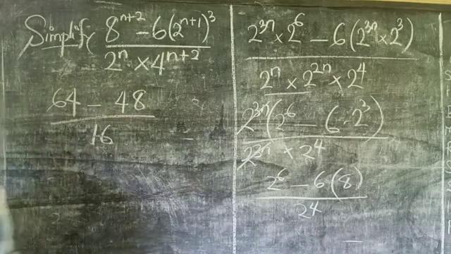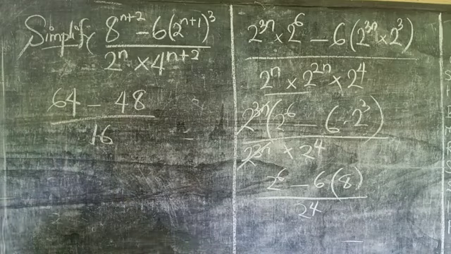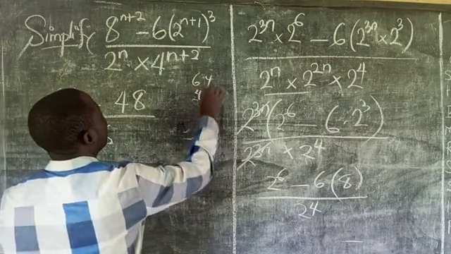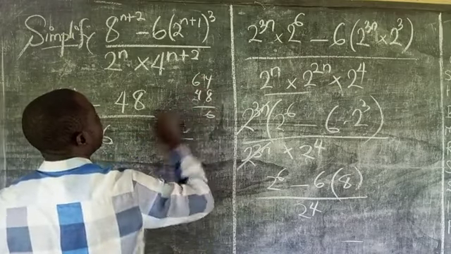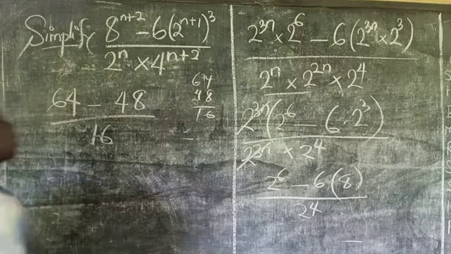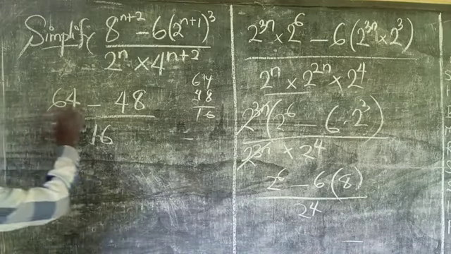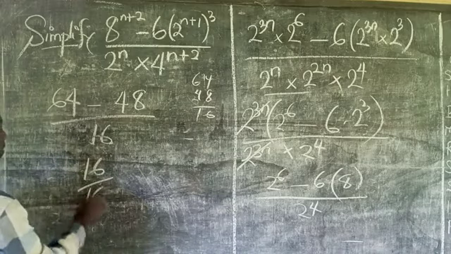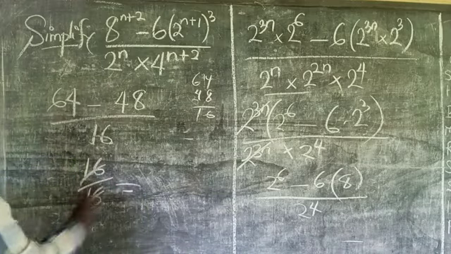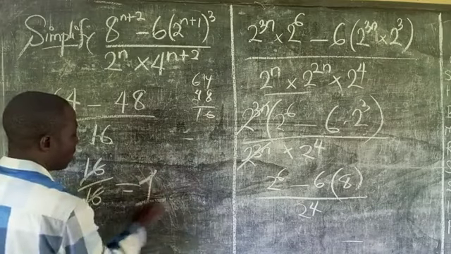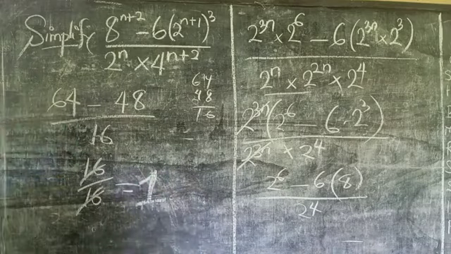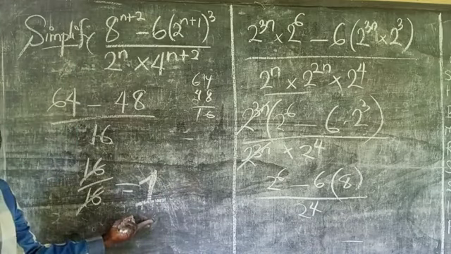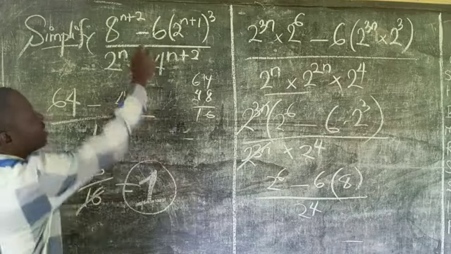This is 16. 64 minus 48 is 16, all over 16. Eventually, when 16 cancels 16, our final answer will be 1. You see? The expression that we were asked to simplify eventually became 1. This is the simplest form that it can be.